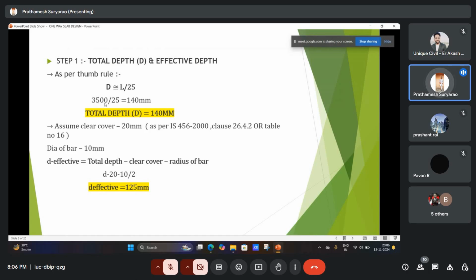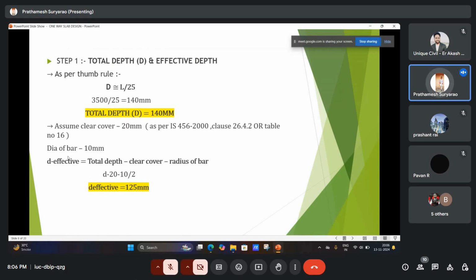It will be 3500 divided by 25 equals 140. So total depth we get 140 mm. As clear cover, we will take 20 as per IS 456:2000 clause 26.4.2, or we will refer to table number 16.